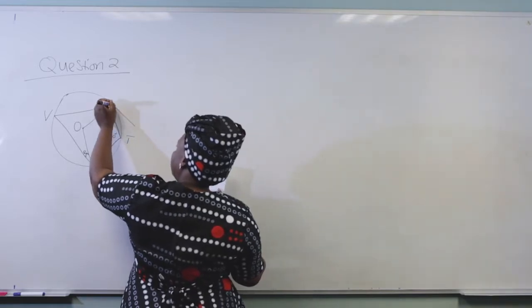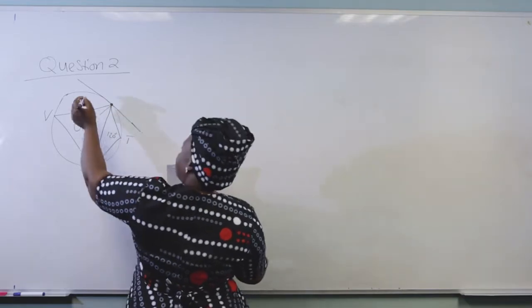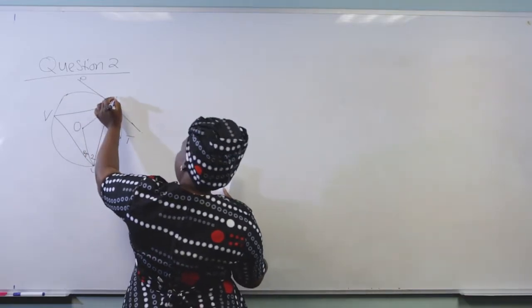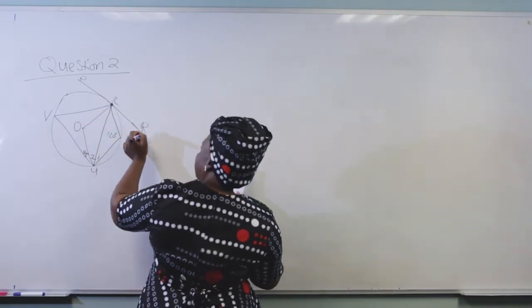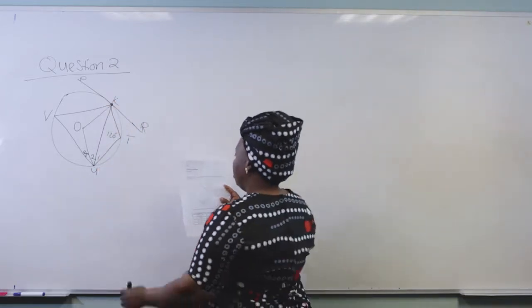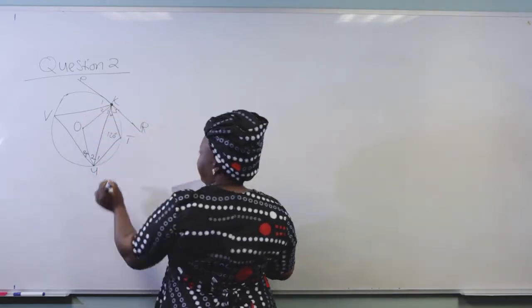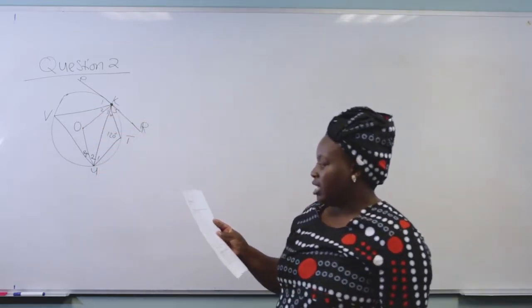Let's draw the tangent at the top, cutting there, and that tangent is called PKR. The tangent is PKR, and it has been labeled 1, 2, 3, 4, 5. That is what we are having at this moment.